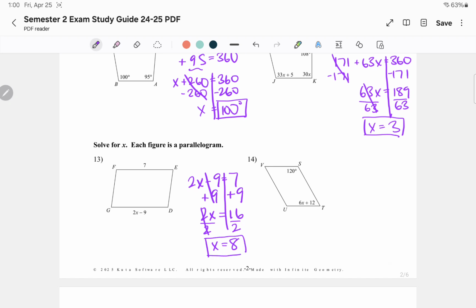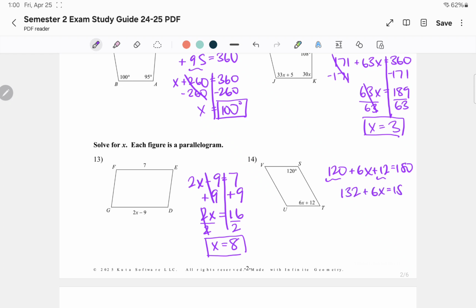All right, my property for number 14 is that these are consecutive angles, meaning they're on the same side of the parallelogram. These are supplementary, which means they add to 180. So my equation is going to be 120 plus 6x plus 12 is equal to 180. I'm going to combine like terms. So 120 plus 12 is 132.